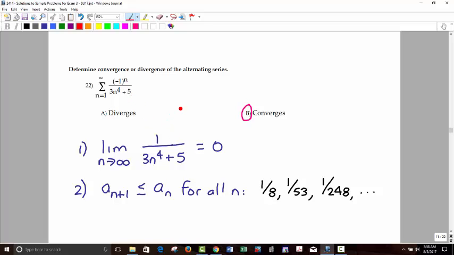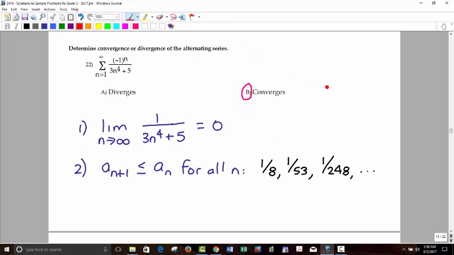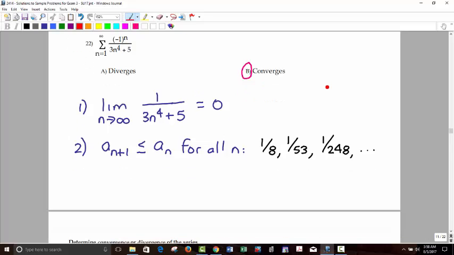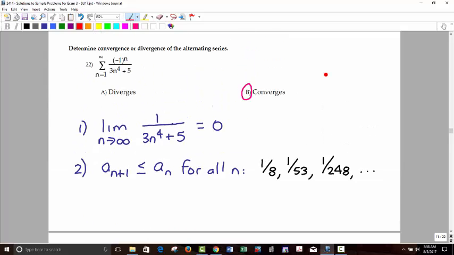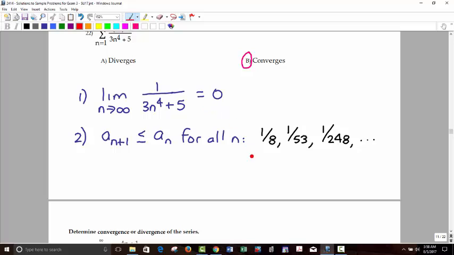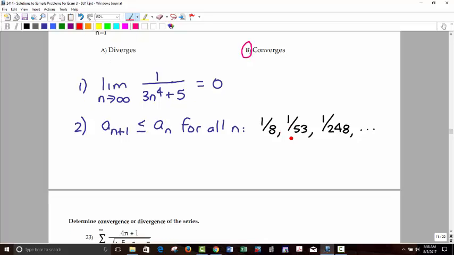Another way mathematically you could look at this is if you took the derivative of this function right here, you would see that it was negative for those positive values. Negative would mean that it's decreasing for all positive numbers. Anyway, you don't need to do that. Very rarely have I seen one make it through the first test and fail the second part of that. But it didn't hurt to take a quick peek at it.